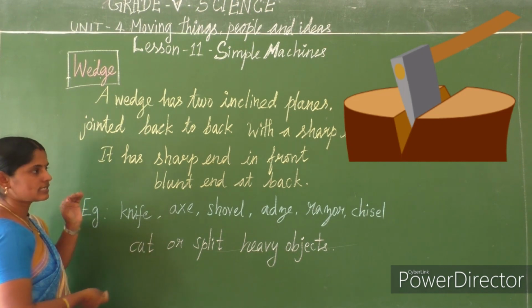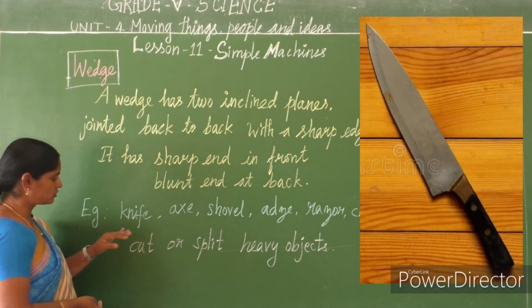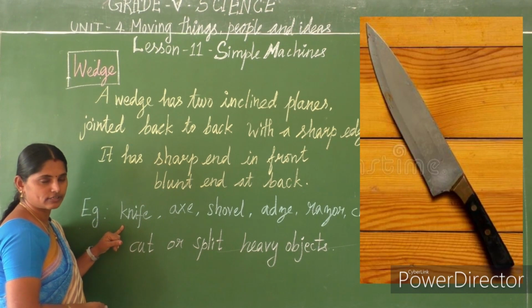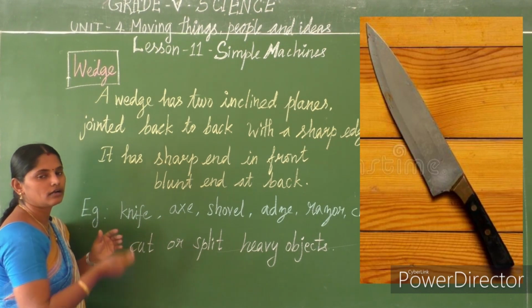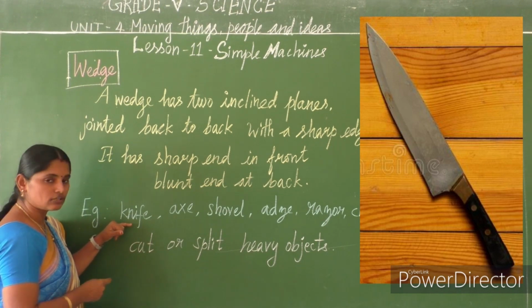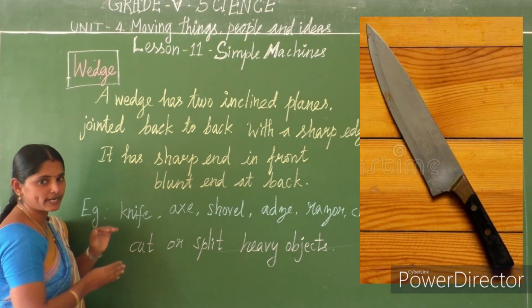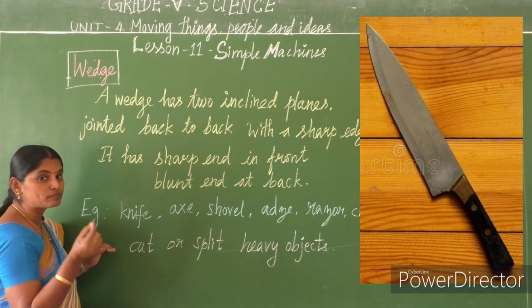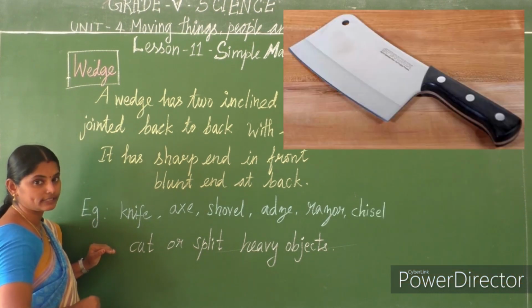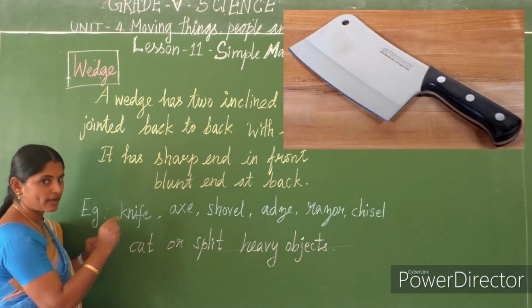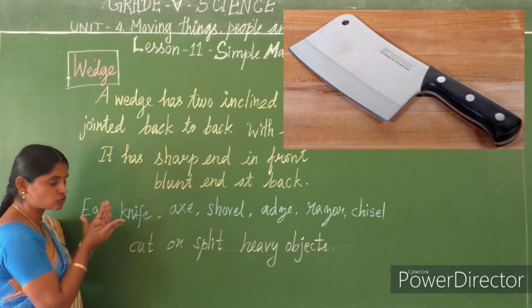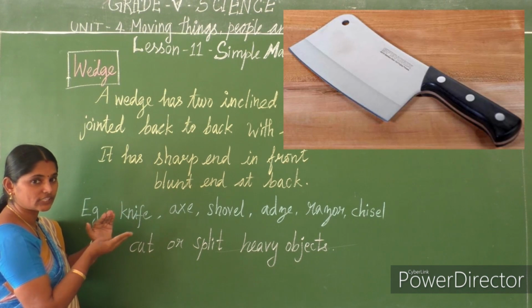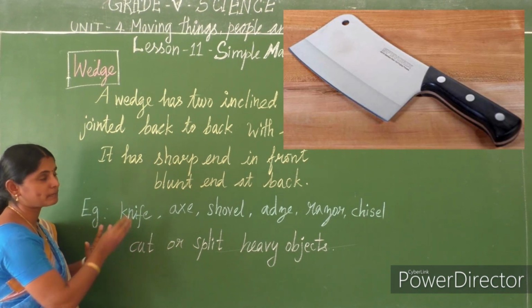Okay, see in our knife also, we have knife, no? For cutting vegetables and all we are using small knife or heavy big knife. See, at the sharp end, observe it very sharply, observe it very deeply. See the sharp end, two inclined planes are there, that's why it has a sharp edge.